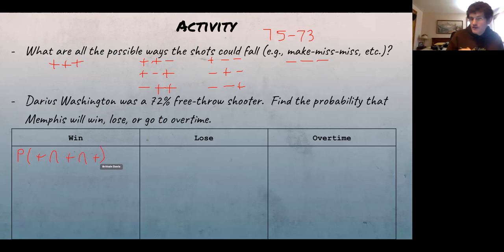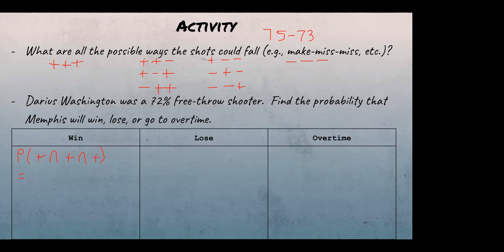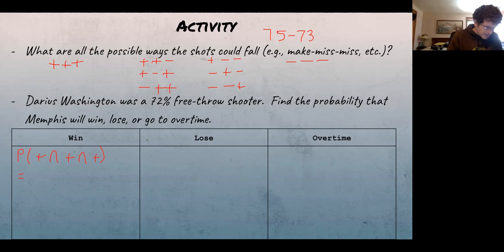And let's actually do the math right now. What's the probability that he makes a free throw? 72%. Okay. So we've got 0.72 times 0.72 times 0.72, and we can multiply that out.